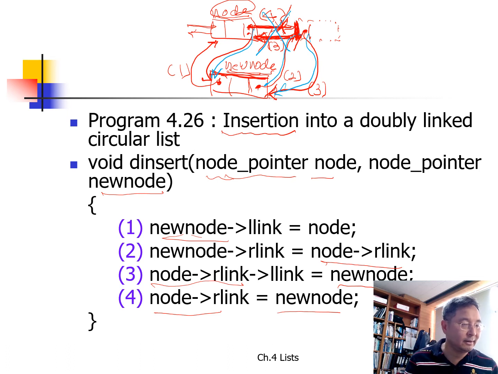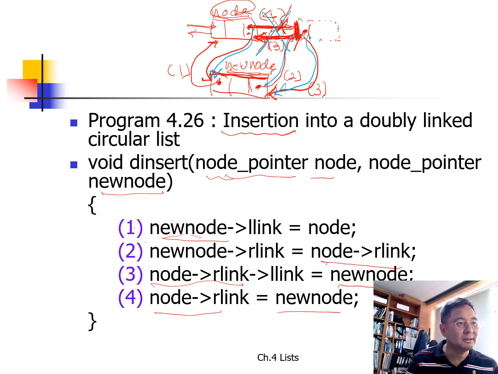Okay, and now I want to ask you, can you change the order of this assignment? Can you change it? No, you must keep the order of this assignment. If you change 1 and 3, then new node becomes lost.